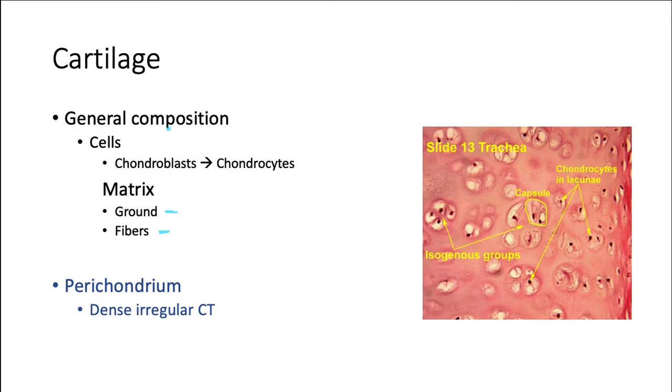So the cells, you have 2 cell types. You have chondroblasts, meaning cartilage blasts. Hopefully that blast word root is ringing a bell, because we already talked about another kind of blast cell. Blast cells build things. So in the case of chondroblasts, they are cartilage builders.